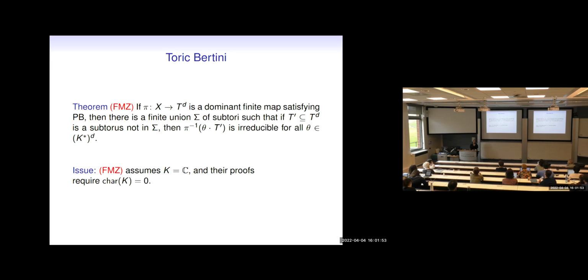There's some resolution of singularities and also some Galois theory that requires characteristic zero, and this is somehow a deep requirement. It's not the case that someone proves resolution in characteristic p tomorrow, and suddenly their paper is true in characteristic p.